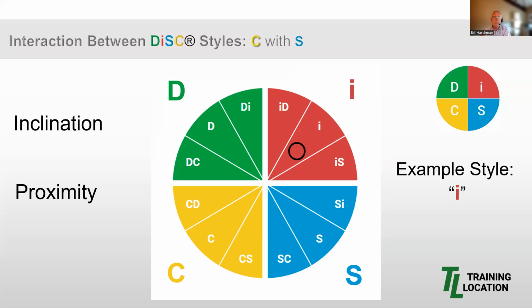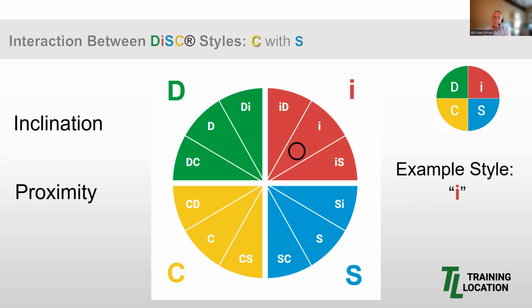However, look at the proximity. It changed a little bit as well. You see how the dot moved closer to both the D and the S quadrants. Now, in this case, the I style, the moderate style, still resonates with you, perhaps not as much.